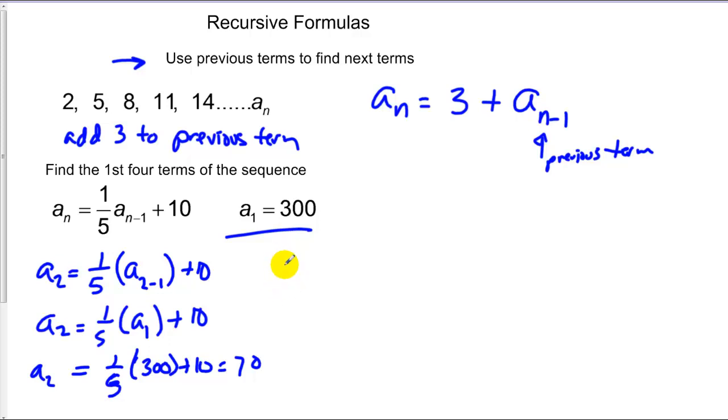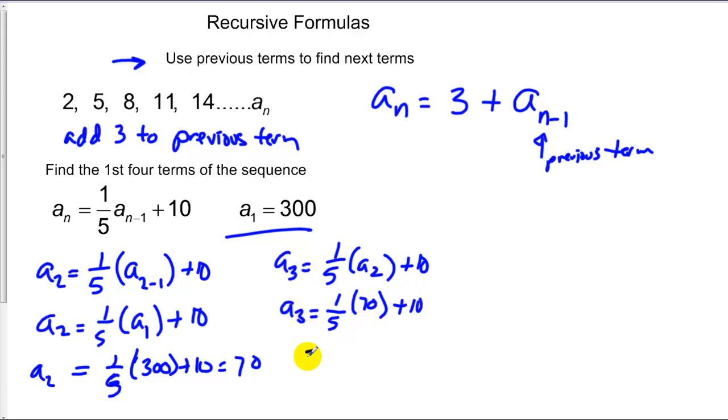Now I'll expedite this a little bit. So this time, to get my third term, I've got 1/5 times my previous term, which is the second term, plus 10. And I have 1/5 of 70 plus 10, which I believe is 24.